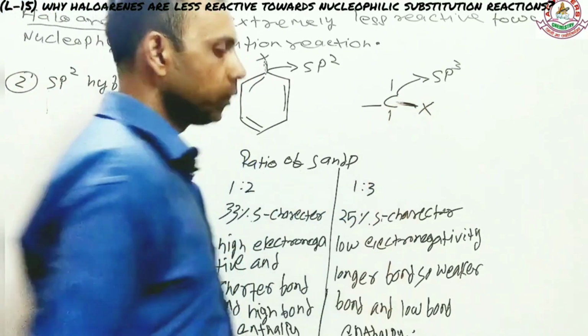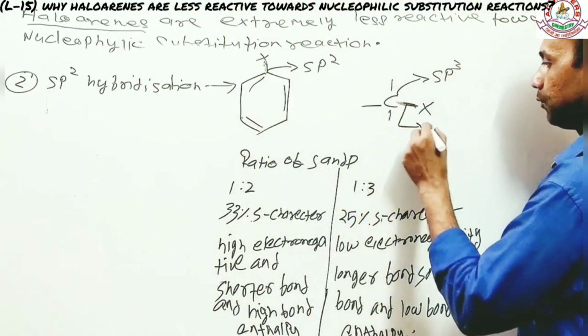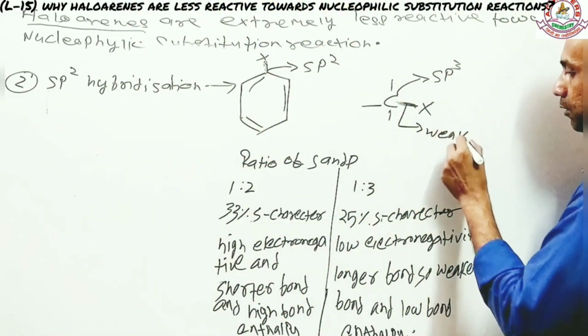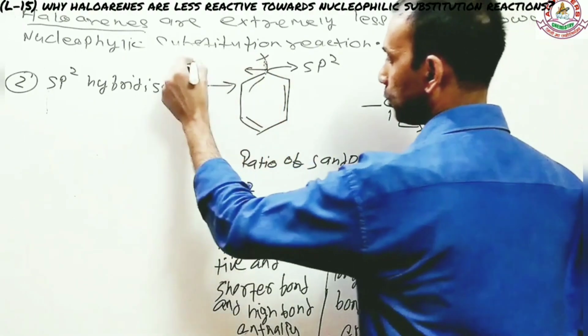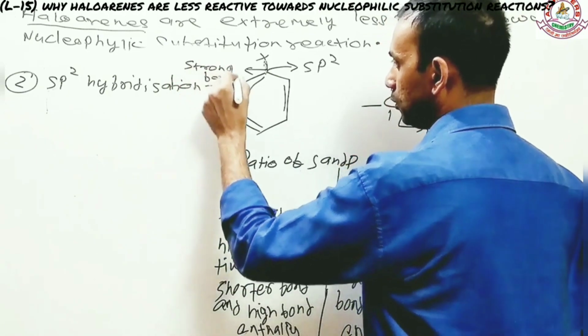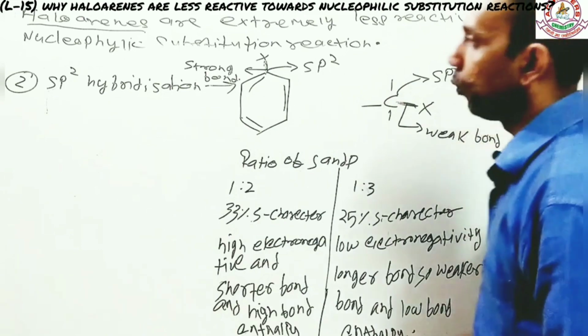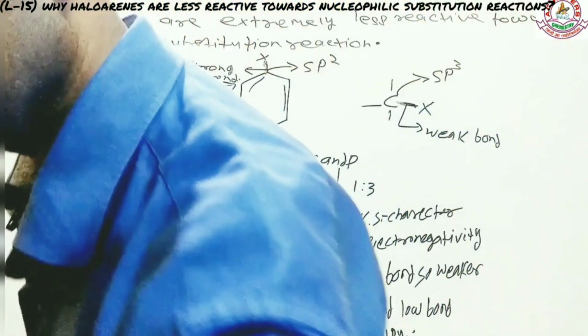This is a weak bond here, and there is a strong bond here. That is also one of the reasons why haloarenes do not undergo substitution reaction very easily.